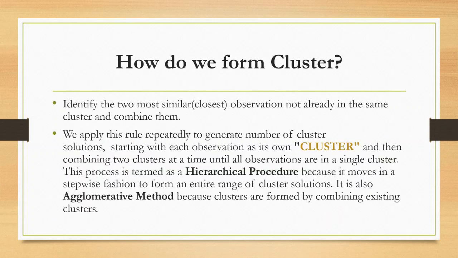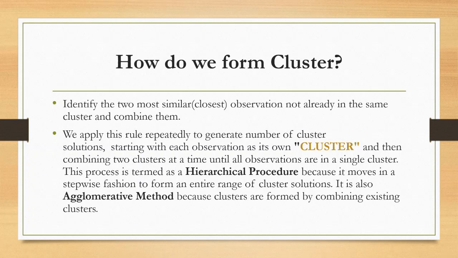So moving on, we have the question: how do we form a cluster? In order to form a cluster, we identify the two most similar, closest observations not already in the same cluster and combine them. Then we apply this rule repeatedly to generate the number of cluster solutions, starting with each observation as its own cluster, and then combining two clusters at a time until all observations are in a single cluster.